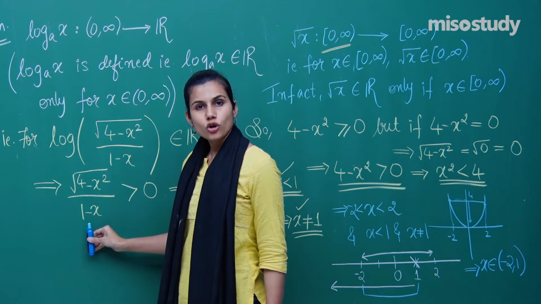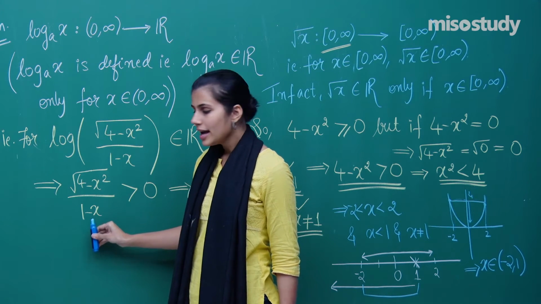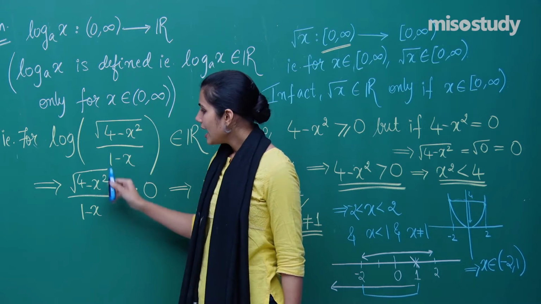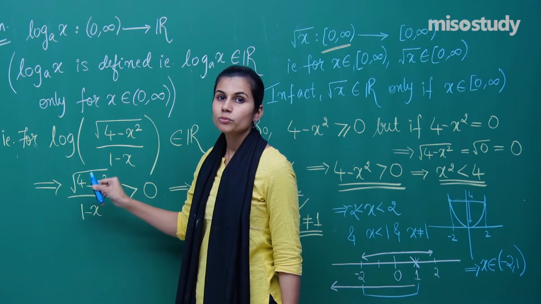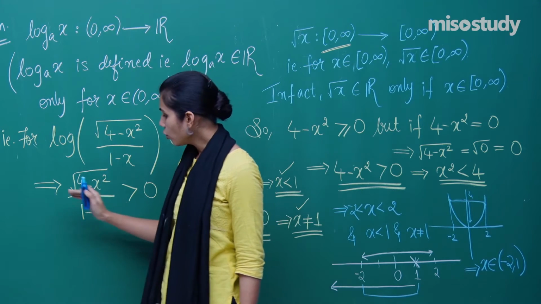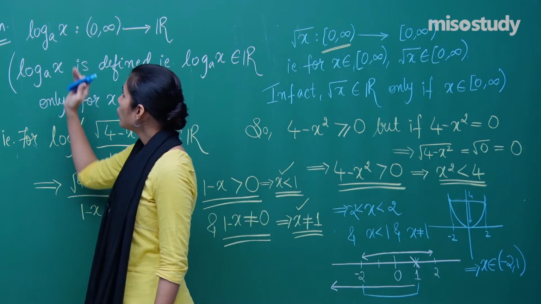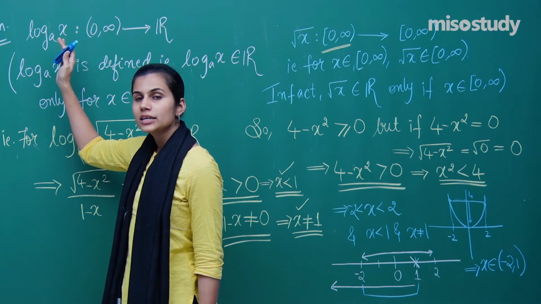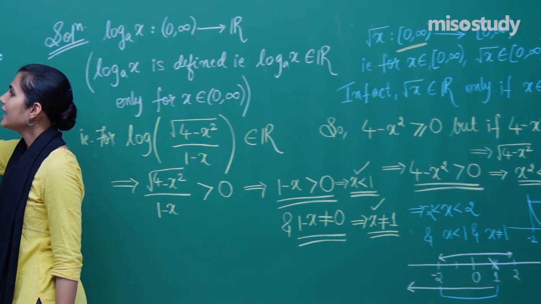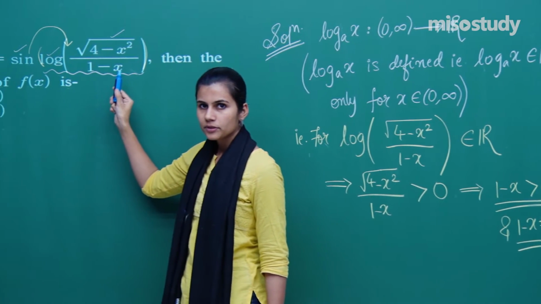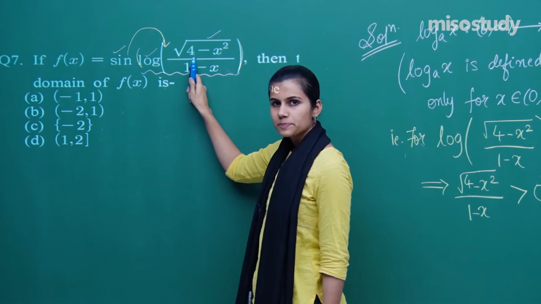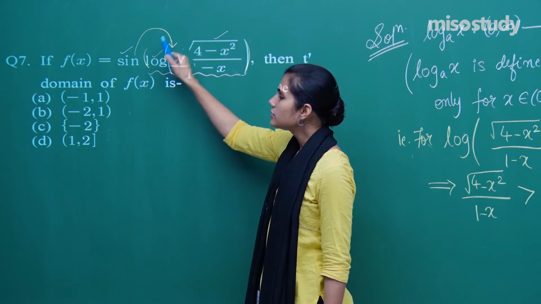For the denominator to be non-zero and greater than 0, and the numerator also to be greater than 0, only then will this expression be greater than 0, and only then will log be applied to it, and only then will sine be applied to this. So sine will be applied to this expression only when this expression is real.